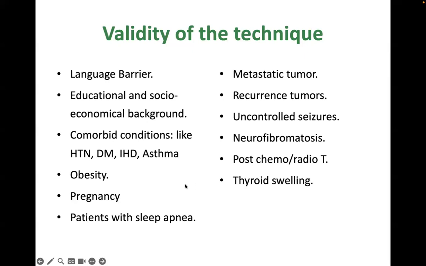So that was the awake throughout approach, and it was quite useful for a patient having thyroid swelling. Similarly, we positioned her so that there would be minimal compressive effect on her anterior neck as a part of her thyroid swelling. So yes, the technique is quite valid for a wide variety of patients.